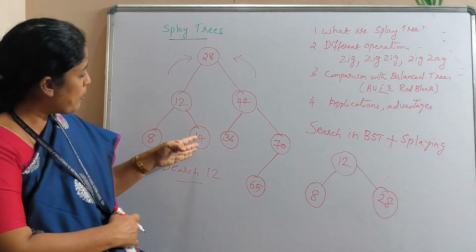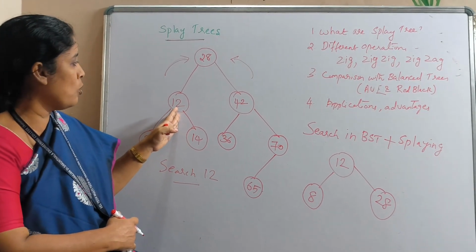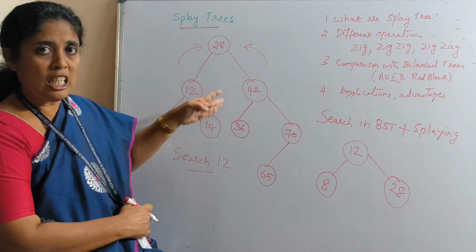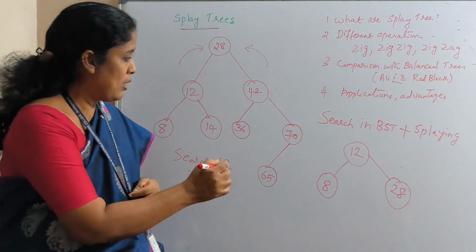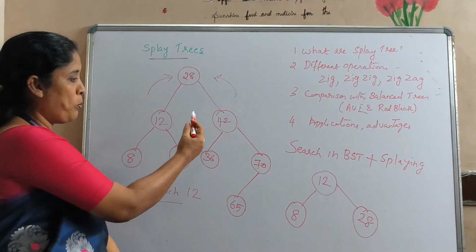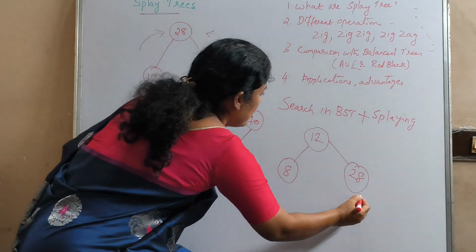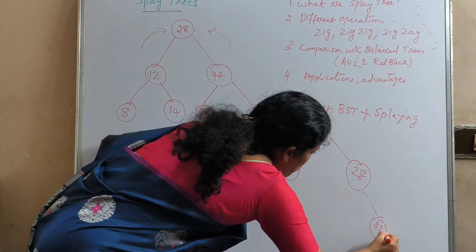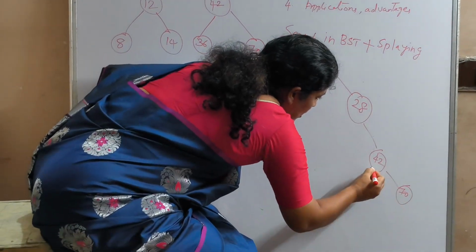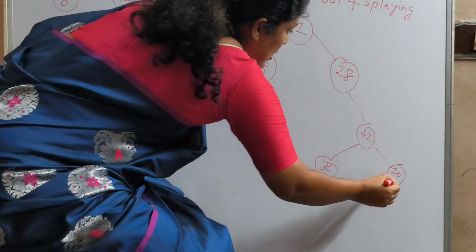When we have the right subtree of the search element, that has to be connected to the already existing root node's left position. So we will see that here. Now after bringing the element 12 to the root position, your tree will appear like this. 28 here and 42, 70, here 36 and 65.